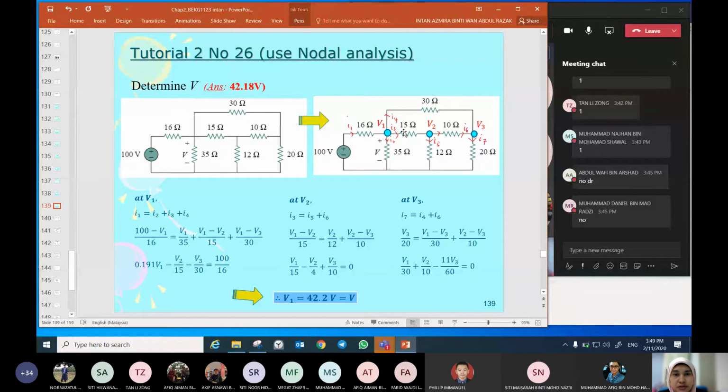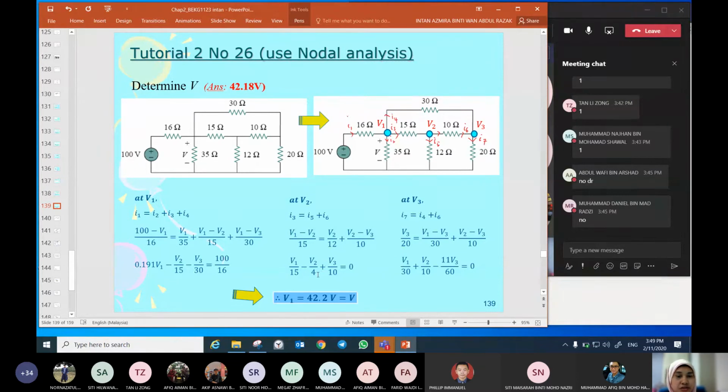And then we write the KCL equation at V2. Current I3 enters, equal to the current leaving the node, I5 plus I6. Substitute I3, V1 minus V2 over 15, equal to I5, V2 divided by 12, plus I6, V2 minus V3 divided by 10.